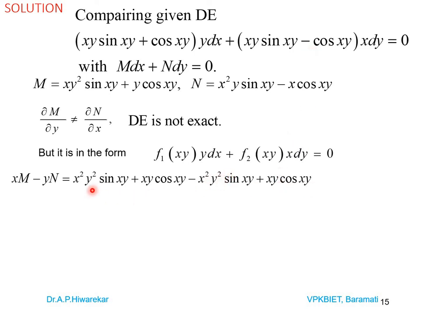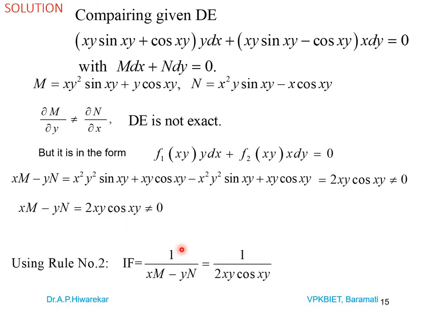So this term gets cancelled with this one, with plus and minus sign, and so we have 2 times xy cos xy, which is not 0. So xM − yN is this value. So by using rule number 2, we have the integrating factor as 1/(xM − yN), means 1/(2xy cos xy).